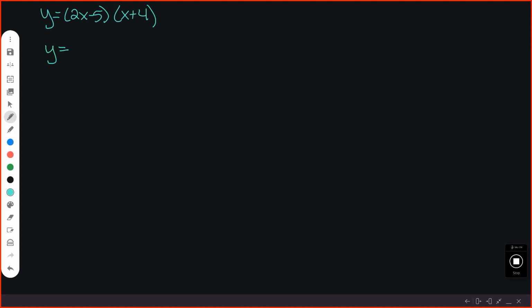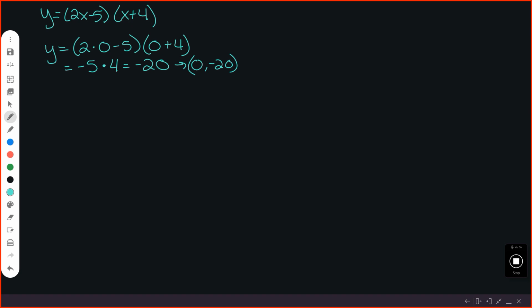So I'm just going to rewrite this, and I'm going to put zeros in where the x's were. All right, so that's going to give me -5 from the first set of parentheses and 4 from the second, which is -20. So (0, -20) is my y-intercept.